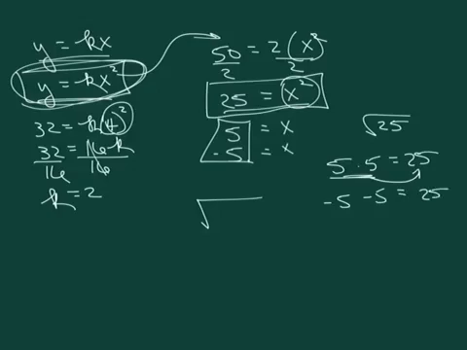So rather than writing x equals 5 and negative 5, they will write it as x equals plus or minus 5. That means basically x is positive 5 and negative 5. So instead you can write it this way, but this is the shortcut version.